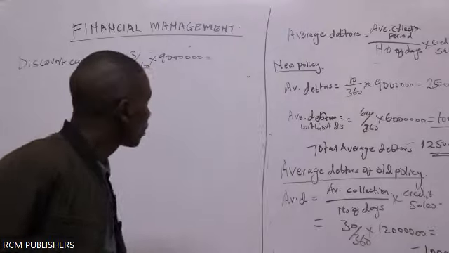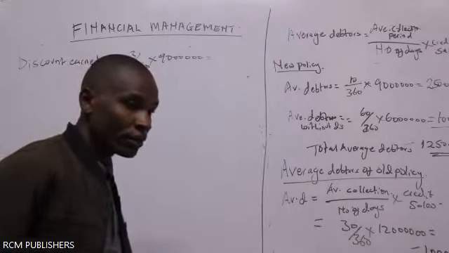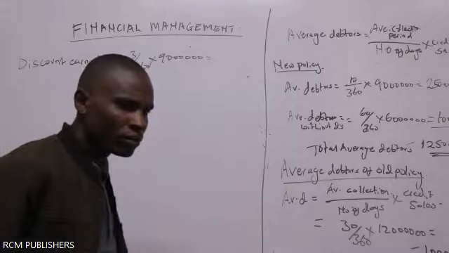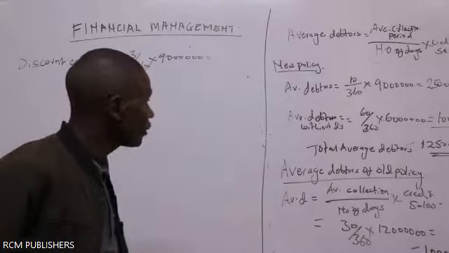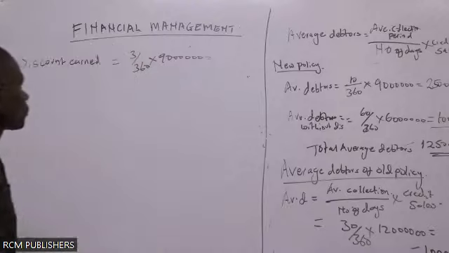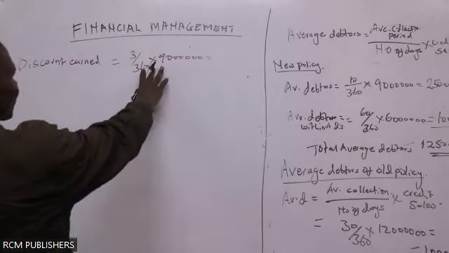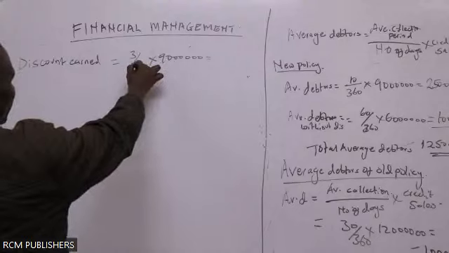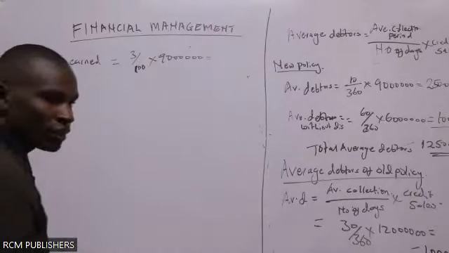75K. Oh, a discount of, I will compute for me as a percentage 0.03. Niambia unapata nini?